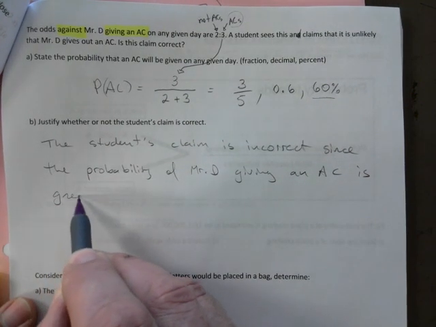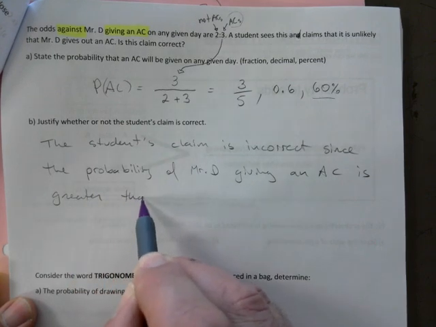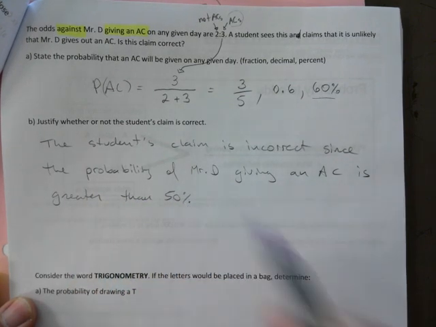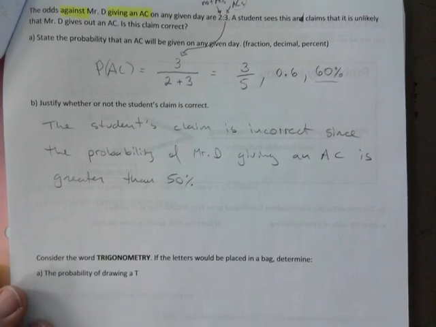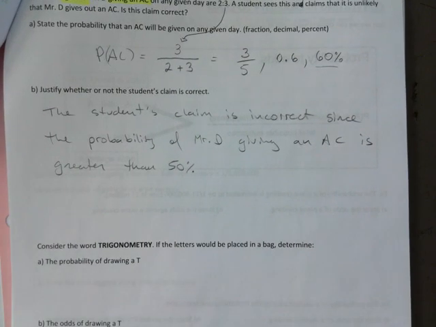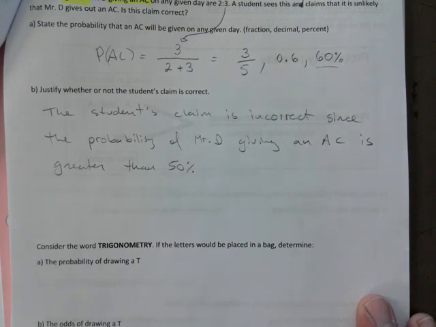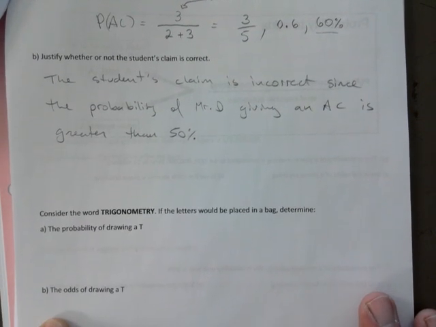Is greater than 50%. That's why the weather network will never put 50% chance of rain, because then you might as well just toss a coin and figure it out for yourself. They'll always go 40 or 60, or 20, 30, whatever, but they won't give 50 ever, because then why do you need them? If you can narrow it down a little bit for me.